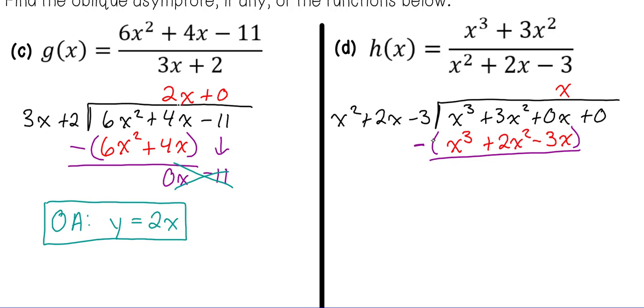So x cubed minus x cubed is 0. 3x squared minus 2x squared leaves me with x squared. 0x minus a negative 3x gives me a positive 3x. Bring down my plus 0. To get x squared, all I have to do is multiply times 1. So 1 times x squared is x squared, plus 2x minus 3.